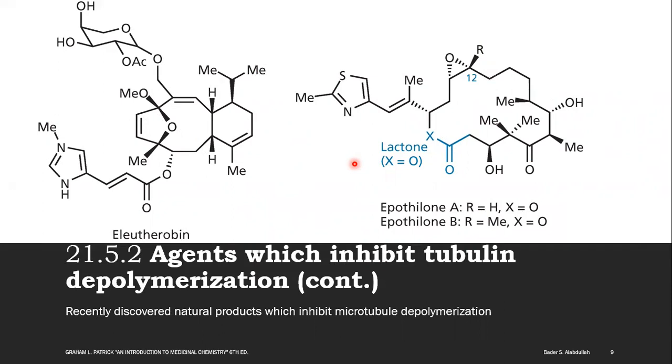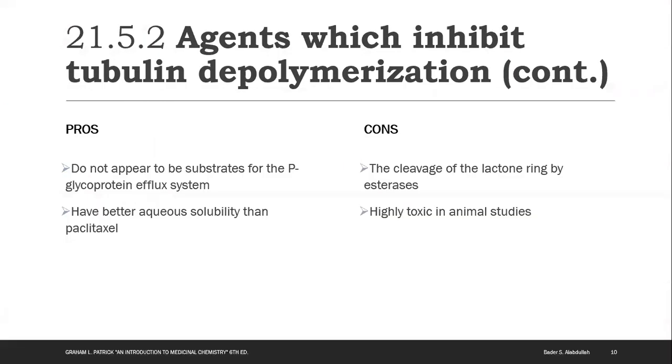All right. The important thing about these agents is that the epothilones don't appear to be substrate for the P-glycoprotein efflux system, which means cancer cells that have some resistance to paclitaxel will eventually be sensitive to epothilones.